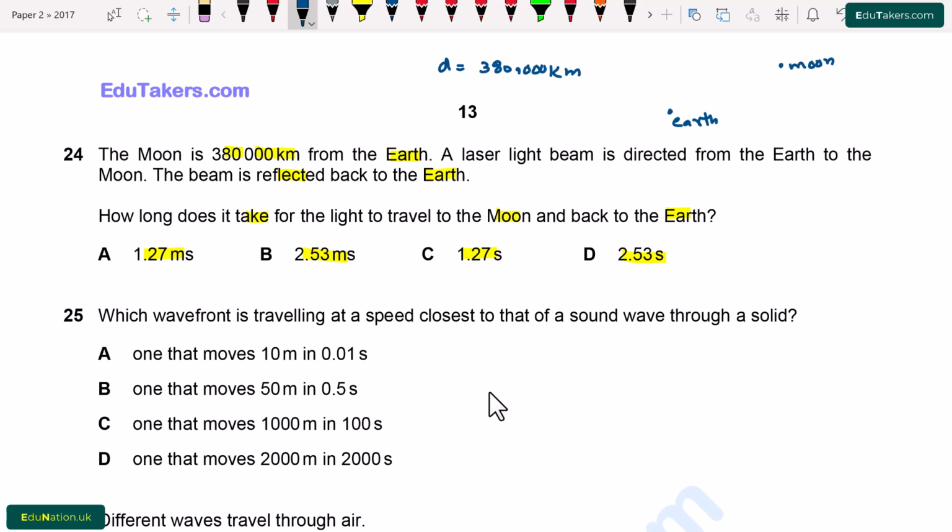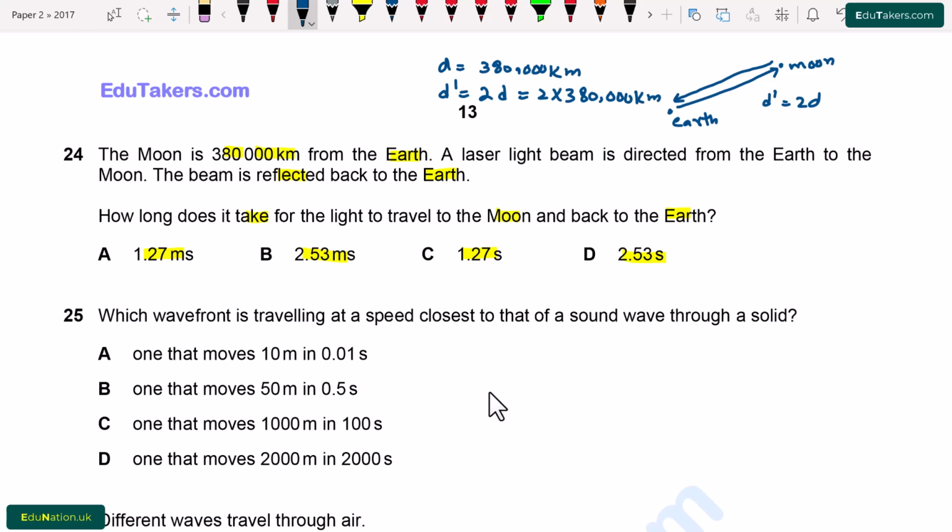The laser light from the earth is directed towards the moon, and then it is reflected back and comes towards the earth. It means that it covers distance which is double of the D. So there will be D prime, which is equal to 2D. So I write here distance will be equal to 2D, which is equal to 2 multiplied by 380,000 km.